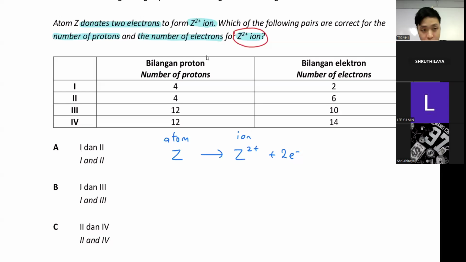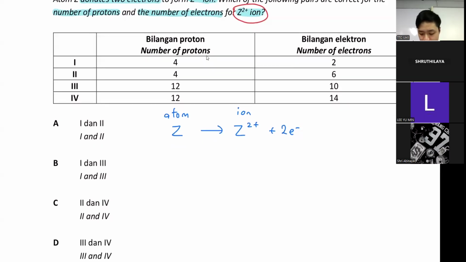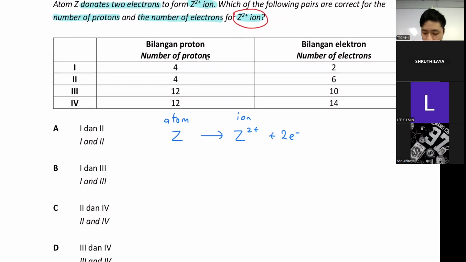Atom Z becomes ion Z2+. So if ion Z2+ has 4 protons, how many electrons? After donating, proton won't change.